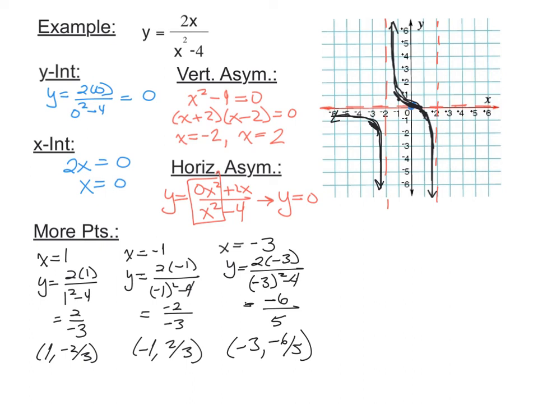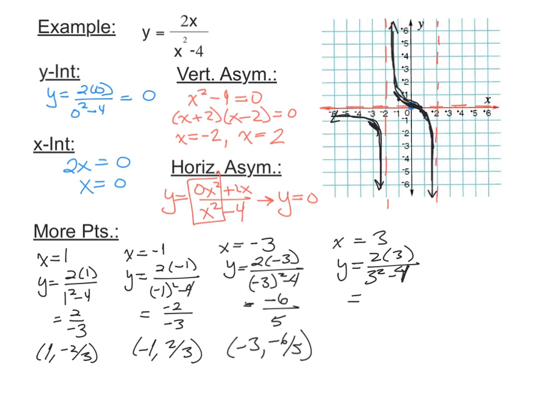Finally, we got one more section to go through, and that's what's going to happen on the right side. Again, we're going to pick another x value. The x I want to pick is going to be one step from my vertical asymptote. Since my vertical asymptote has 2, I'm going to let x equal positive 3, and plug it in. 2 times 3 over 3 squared minus 4.